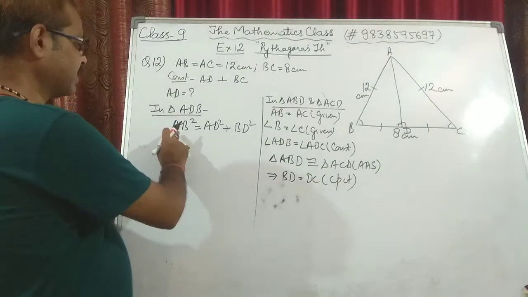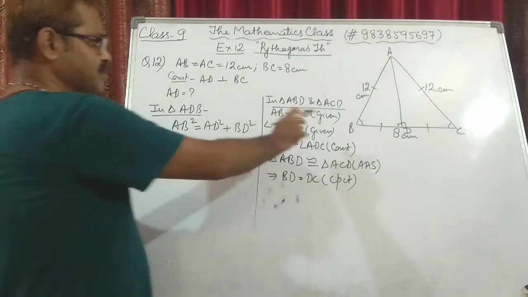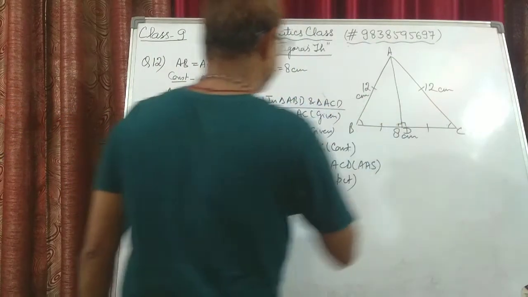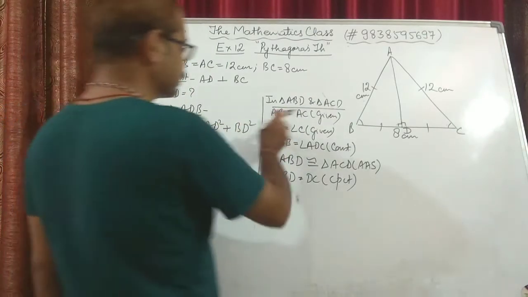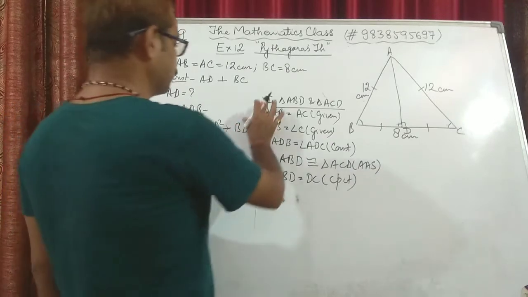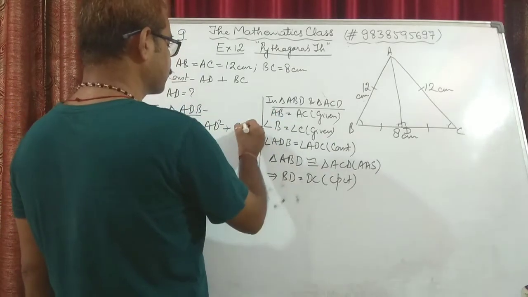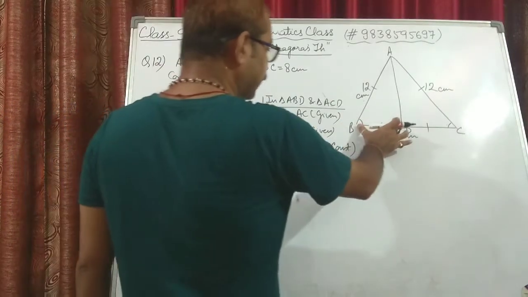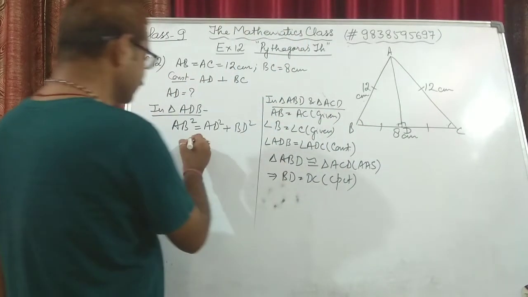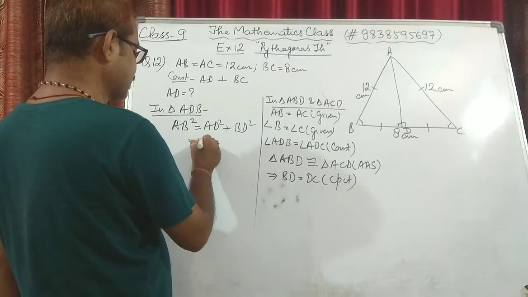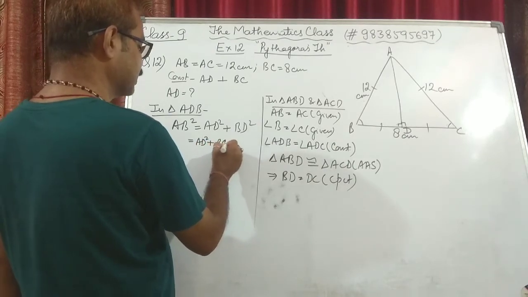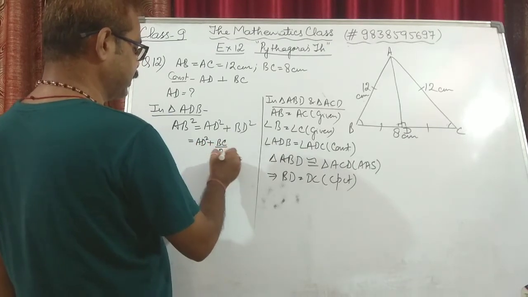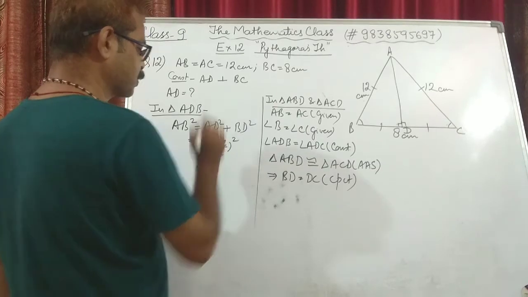Now we know that in this triangle ABD, AB square is equal to AD square plus BD square. But BD is half of BC, so we can write AD square plus, in place of BD, BC upon 2 whole square.